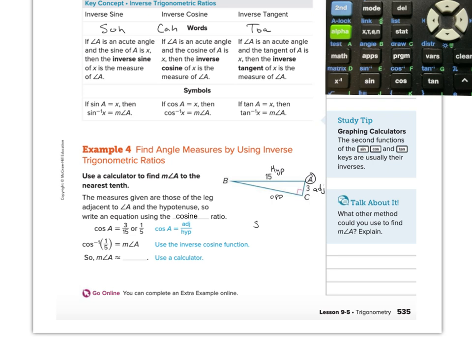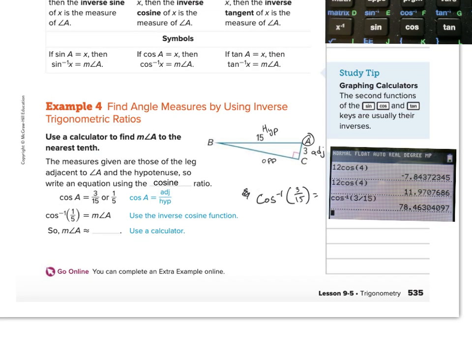So using not sine, but the inverse cosine of 3 over 15, the adjacent over the hypotenuse, is going to give me roughly 78.5.